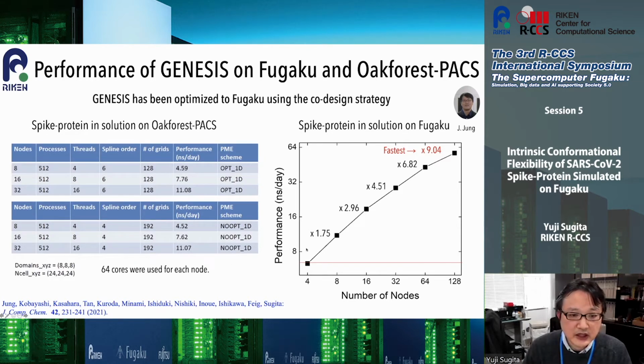In both cases, Genesis is quite scalable if we increase the number of computer nodes. In the best performance, we almost reached around 60 nanoseconds per day if we use 128 nodes on the Fugaku supercomputer.